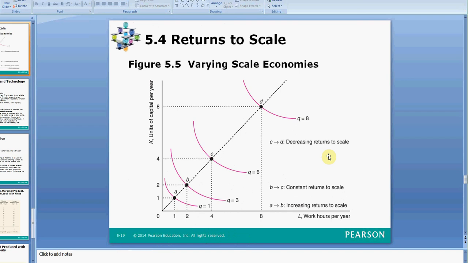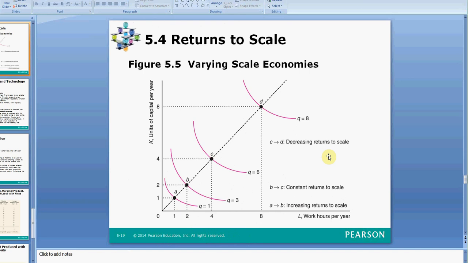Also, as the firm gets bigger and bigger, increasing returns to scale can result from greater specialization. Assembly line techniques, for example, are easier to accomplish in larger facilities than smaller facilities. So those are some of the common reasons given for increasing returns to scale.